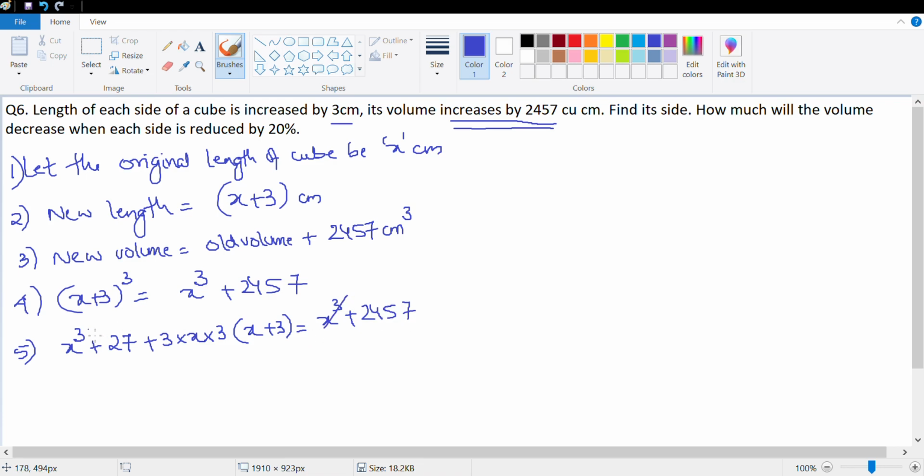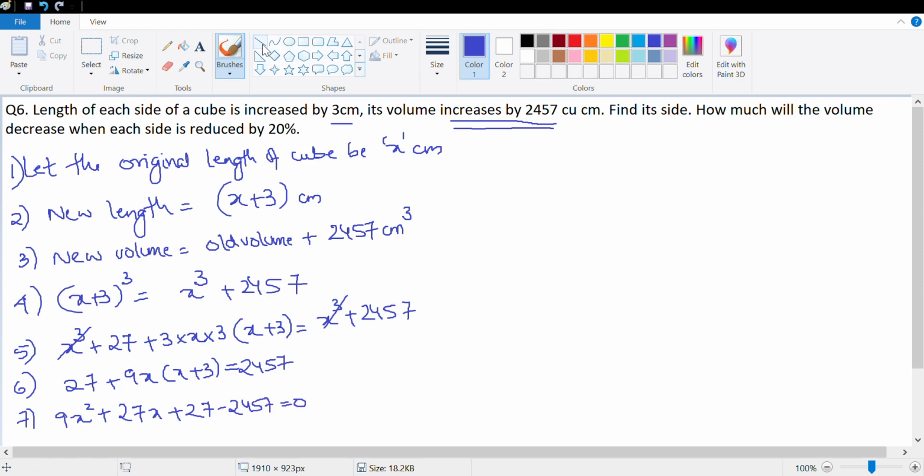X cube and x cube on the two sides get cancelled, and I am left with 27 plus 9x times x plus 3 is equal to 2457, which means 9x square plus 27x plus 27 minus 2457 is equal to 0.